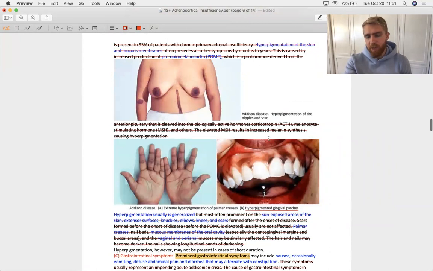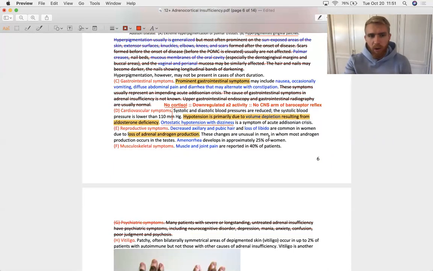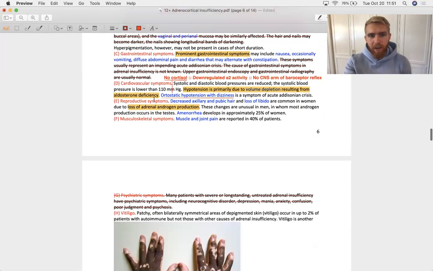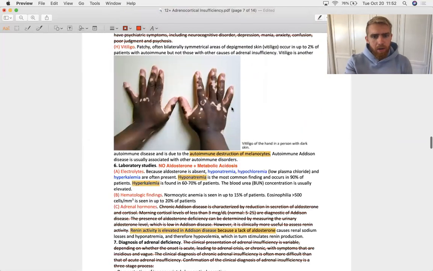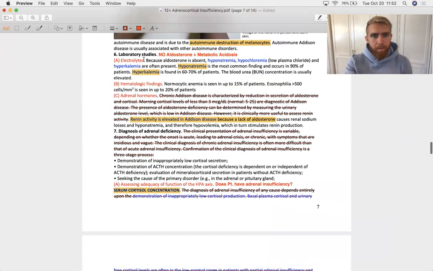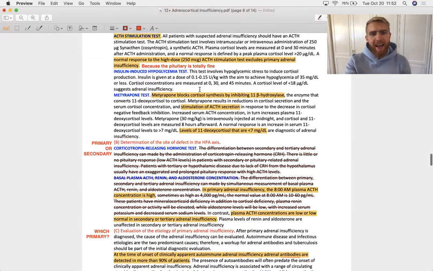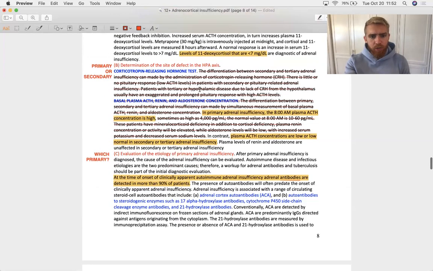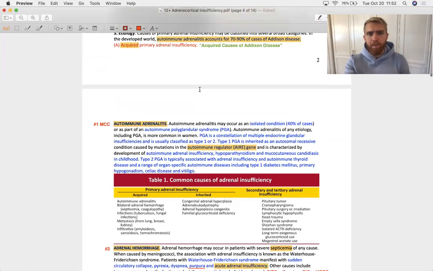You know, why do you see this pigmented skin? Although that's a really easy question. Maybe they want to ask you, like, why do you see orthostatic hypotension? They're not going to ask you that. Something about the physiology of aldosterone and the lab findings, and then something about the diagnosis. I could definitely see a diagnosis question coming out of this SDL.